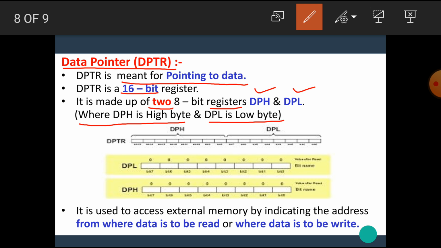Here is the structure of the DPTR register. This is the 16-bit structure, that means there are a total of 16 bits, bit 0, bit 1 up to bit 15. The lower 8 bits are for DPL and the upper 8 bits are for DPH. It is used to access external memory by indicating the address from where data is to be read or where data is to be written.